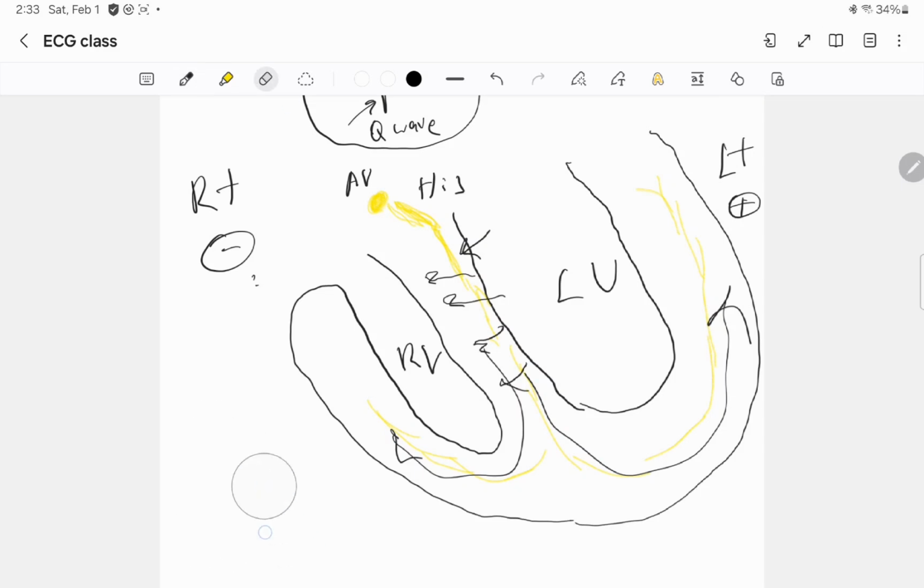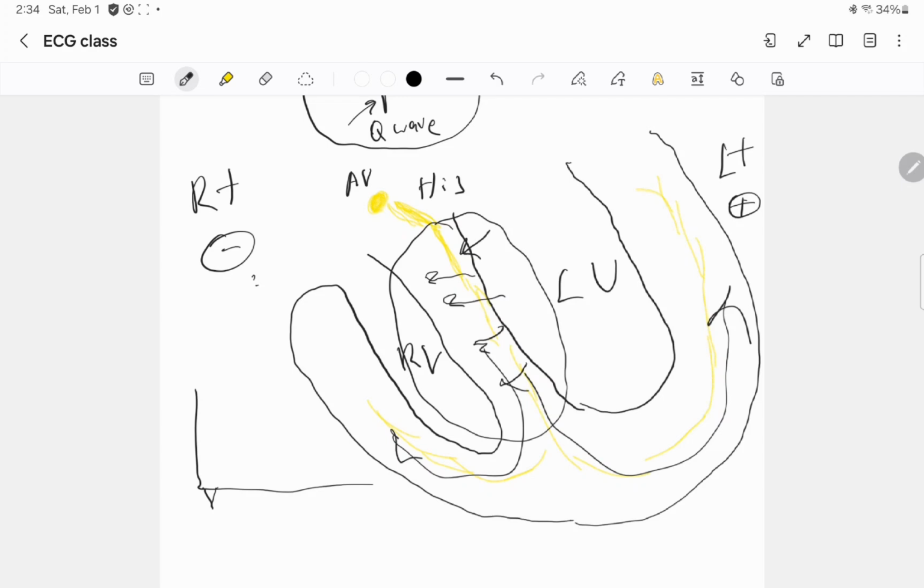So if we're looking at a lead that's towards the left side, septal depolarization will be going away from the positive electrode that is located on the left side of the body. So that would result in a negative deflection.